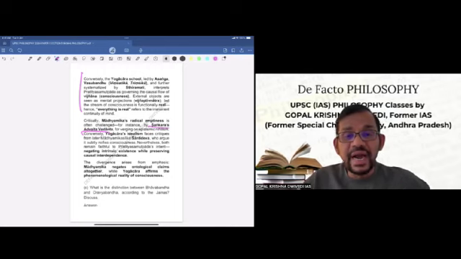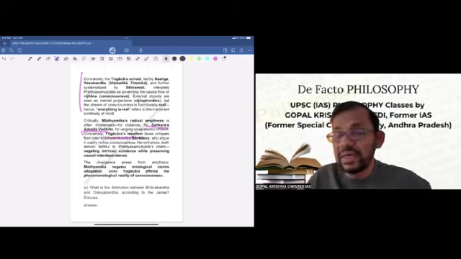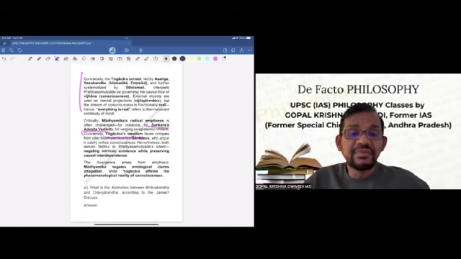Conversely, Yogacara idealism faces critiques from later Madhyamikas like Santideva, who argue it subtly reifies consciousness. Nevertheless, both remain faithful to Pratityasamutpada's intent, negating intrinsic existence while preserving causal interdependence.